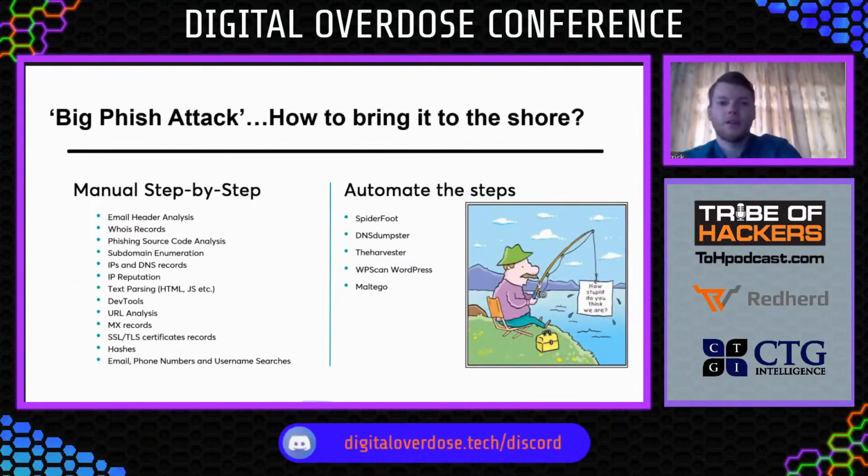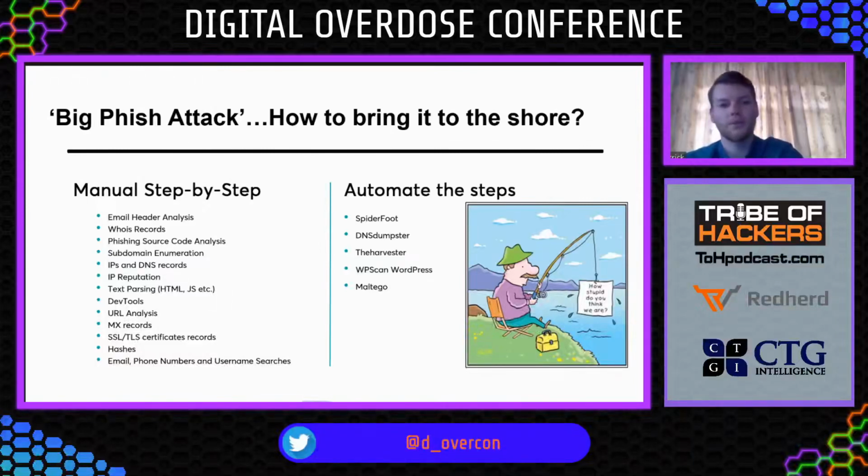When a big fish attack is happening, there are several ways to bring it to the shore. There are two main frameworks: the reactive one and the proactive one. The reactive one, which I'm going to discuss right now, is based on the manual step by step.